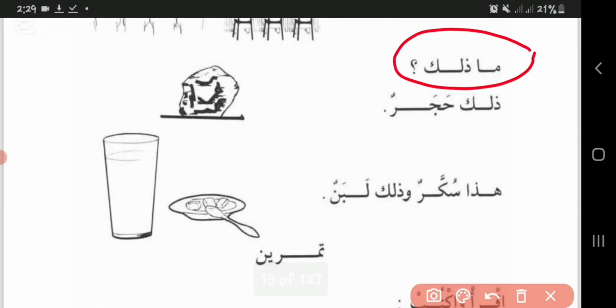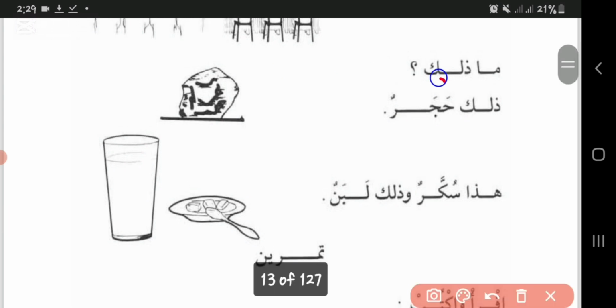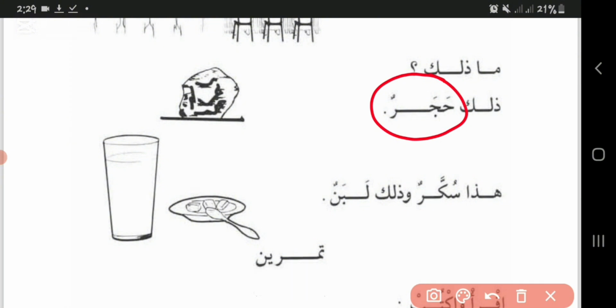ما ذلك, what is that? Pointing to this inanimate object, an object that is not sensible, which is a stone. ما ذلك, what is that? So stone in Arabic is hajarun. Hajarun means a stone.